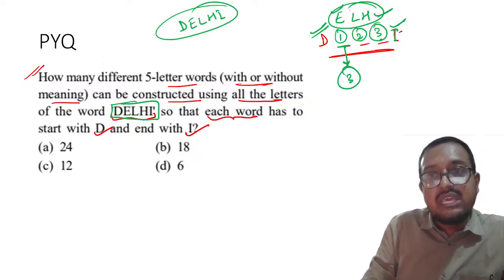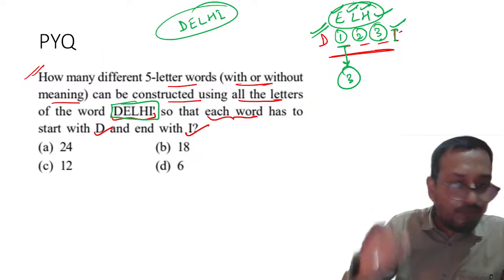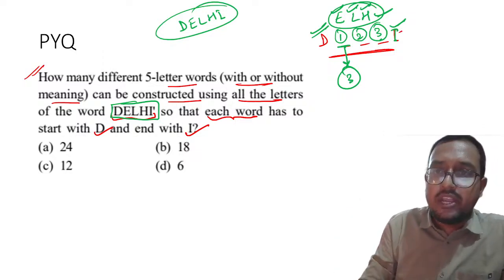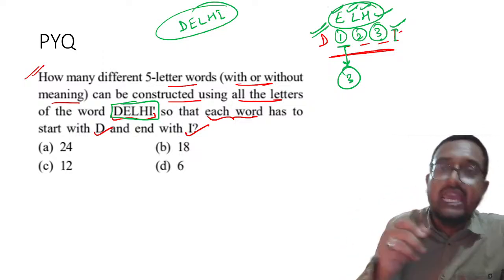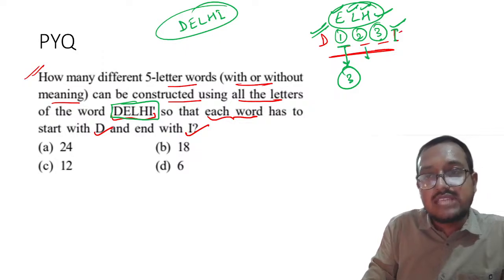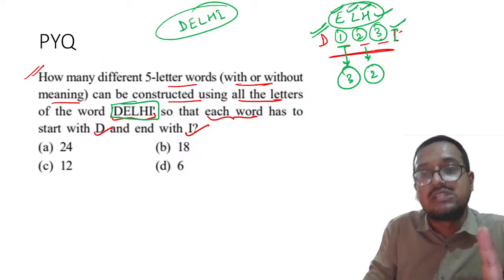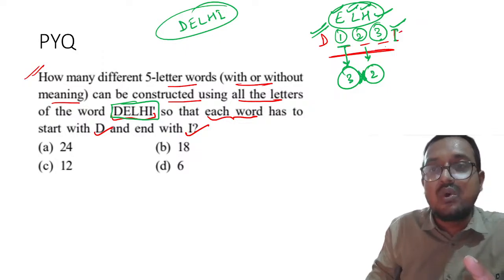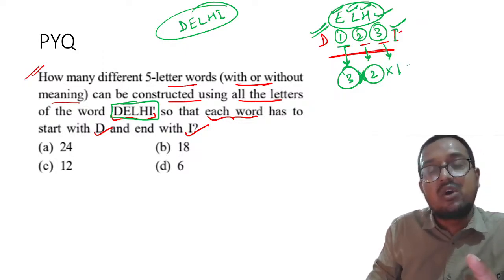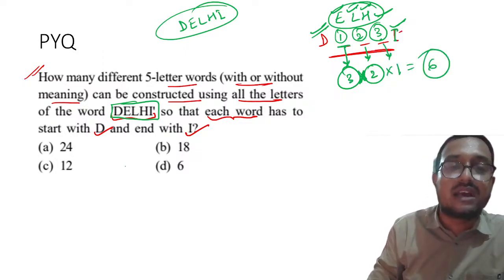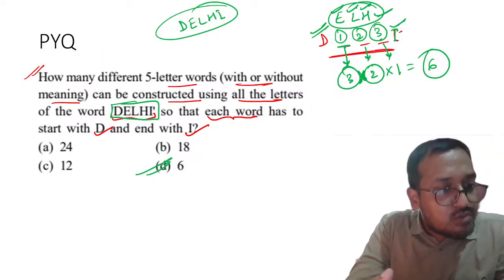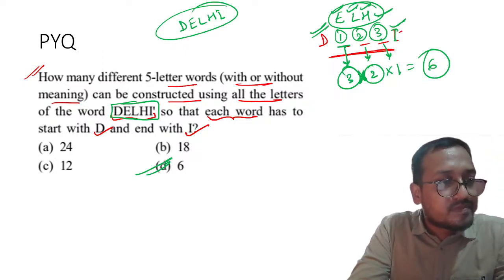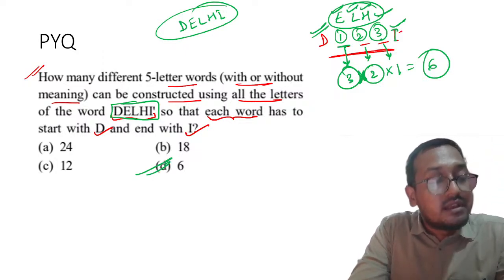Because either of E, L and H can come at the first place. The moment you place, let us say, E at the first place, then on the second place you have only 2 options, right? So please remember, you will put a multiply sign in between the 2, and then at the end only 1 option will be remaining, and hence 6 will be the correct answer. Understood by everyone? 6 will be the correct answer.